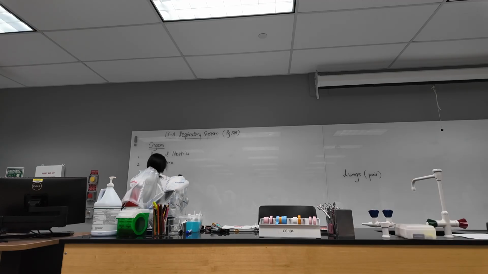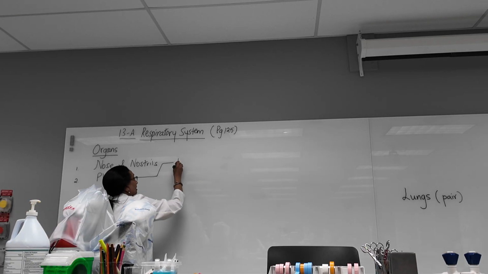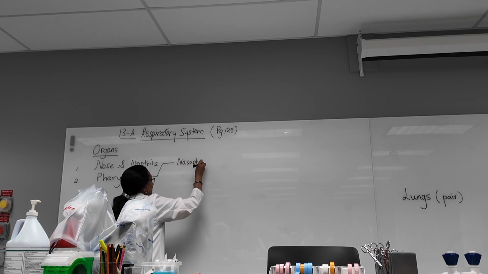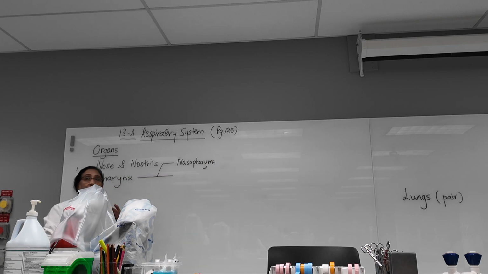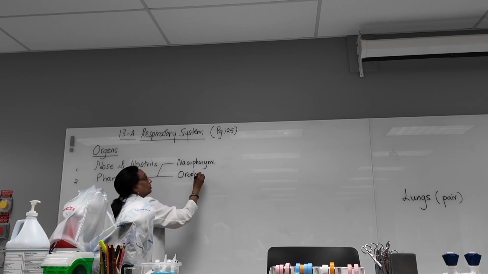If you look at the pharynx, it is separated arbitrarily, okay? The portion that is behind the nose is called nasopharynx. The portion that is behind your mouth cavity is called oropharynx. Oro for oral cavity.